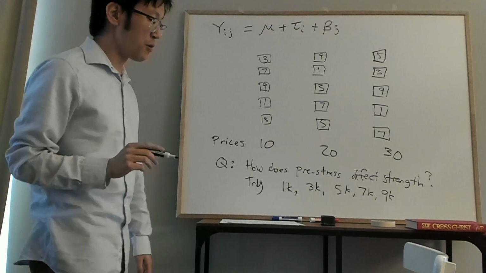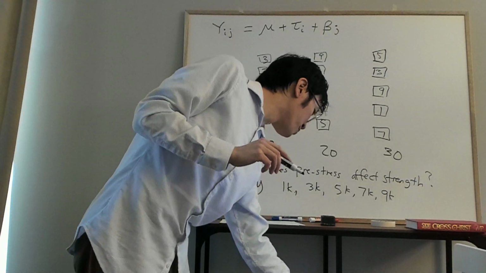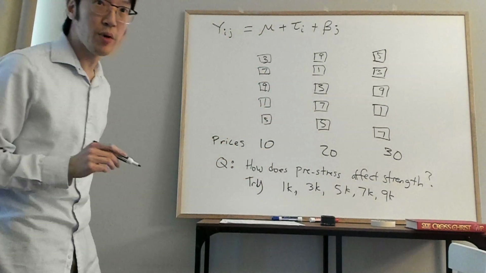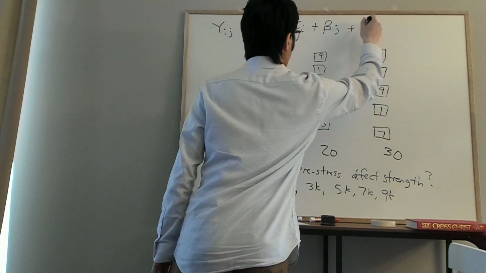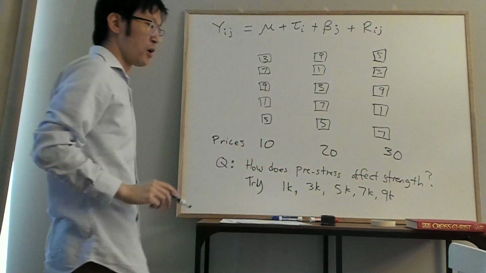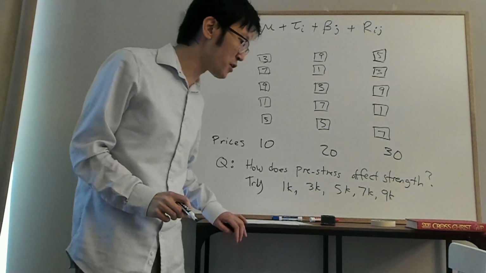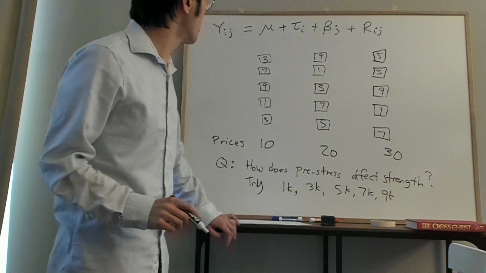Of course, there is going to be variability associated with the response that is not explained by the model, and so we put that in as a residual term, R sub ij. That's the remainder, the remaining variability in the responses that is not explained by the model.